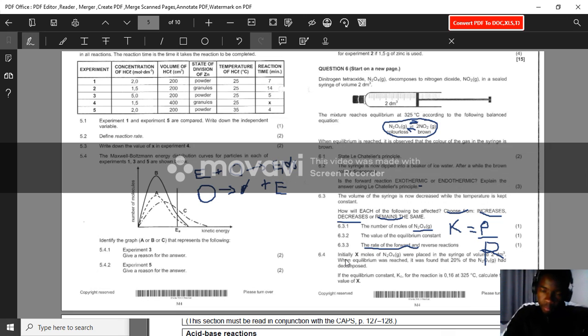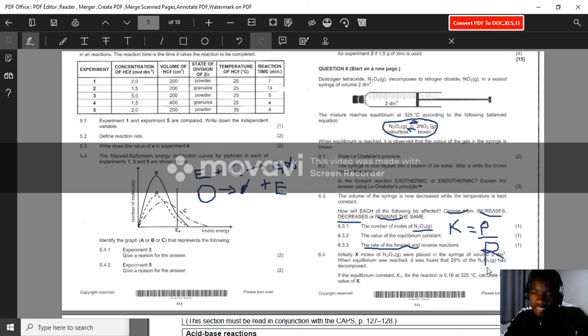So there is an interesting part here. They are saying initially X moles of dinitrogen tetraoxide were placed in a syringe of volume 2 decimeter cube. When equilibrium was reached, it was found that 20% of the dinitrogen tetraoxide had decomposed.